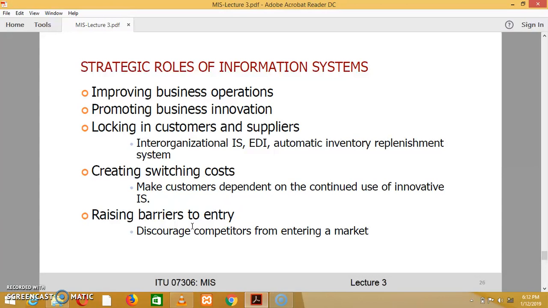And also we can create switching costs, because we are using technology that is very innovative, so people will know that it's not a big issue if you pay more, because the technology of information systems is changing daily. And also we raise barriers to entry. We discourage competitors if we have a good information system. Okay.